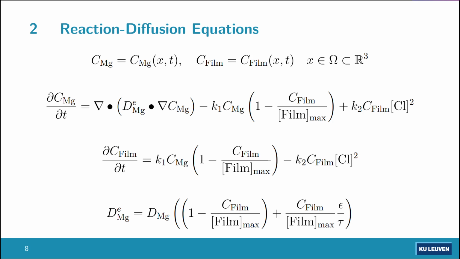It's also worth noting that the diffusion rate here is not a constant variable. It's also a function of space and time because it's a function of the concentration of the film.